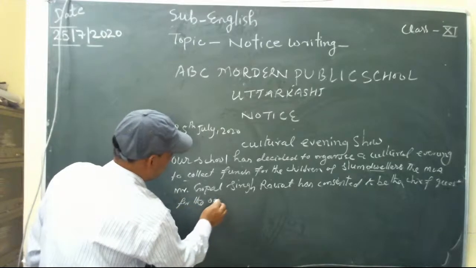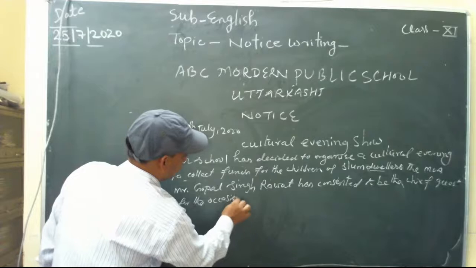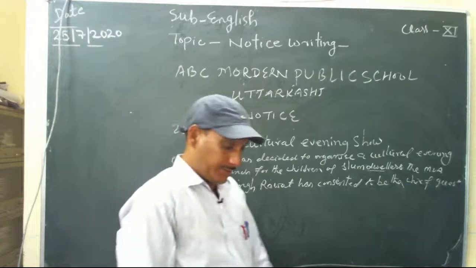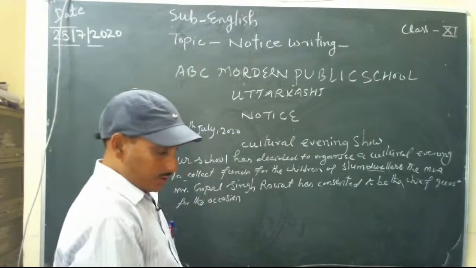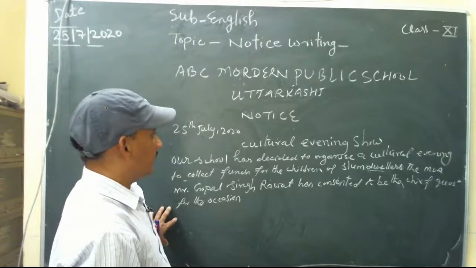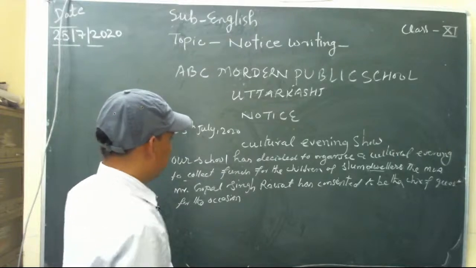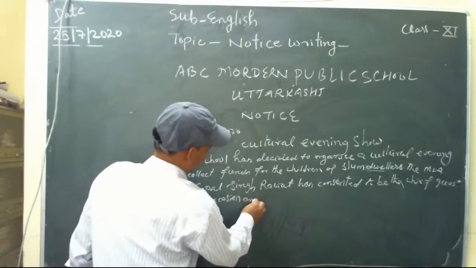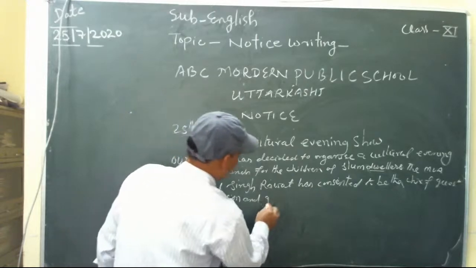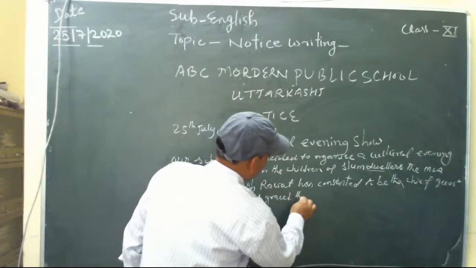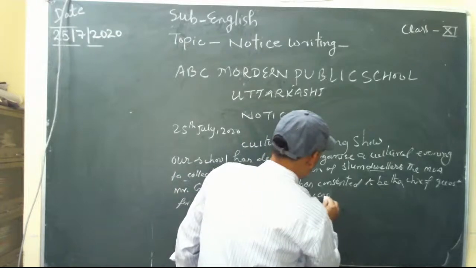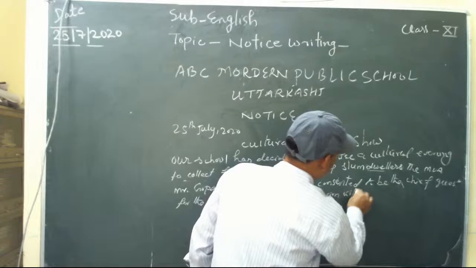For the occasion means for the event. So for this evening show, our chief guest will be the MLA of your local area. The MLA has consented to be the chief guest for the occasion and will grace the occasion with his presence.